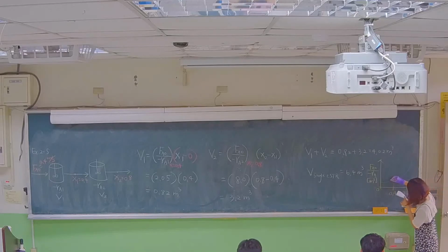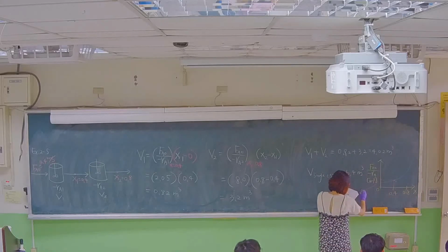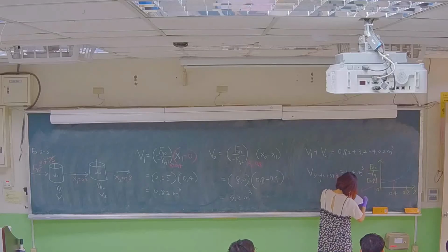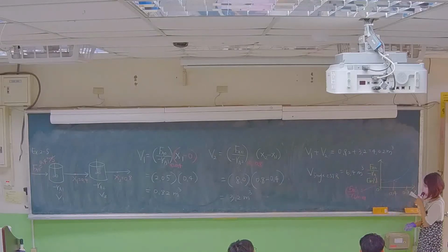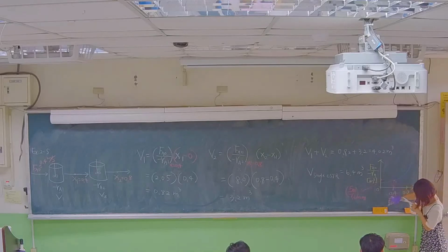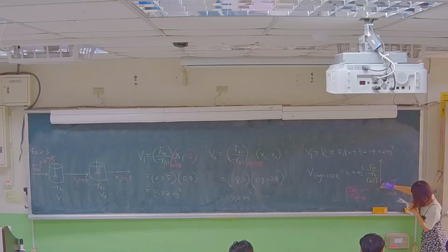What is this one? This point means the value at conversion equal to 0.4. So, can you understand this one?